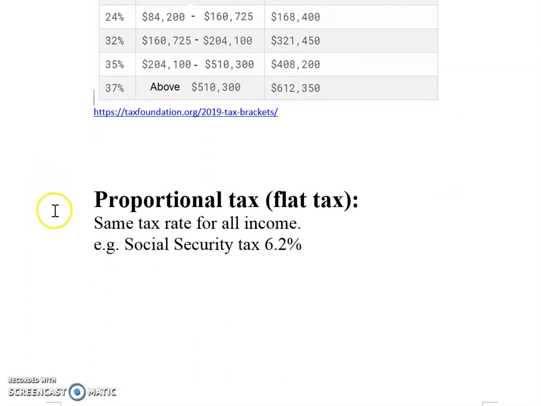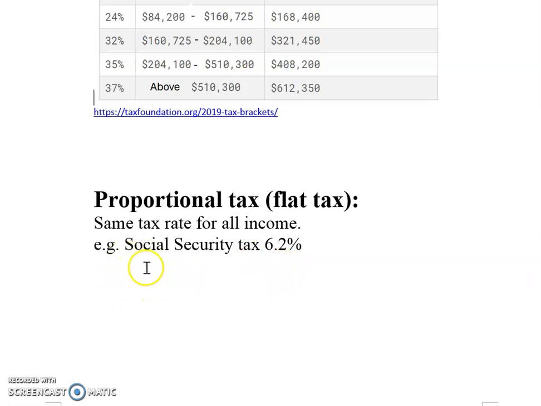We also have proportional tax. Proportional tax is, no matter how high or low your income is, the tax rate is exactly the same. So for example, Social Security tax is 6.2% for everyone.